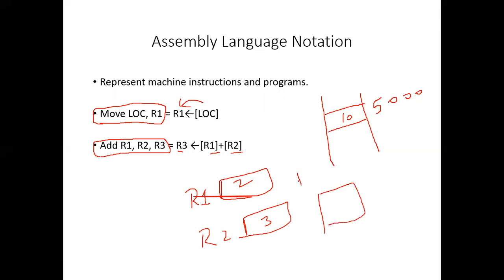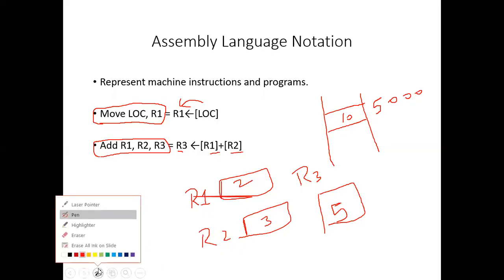The point is, whenever you use registers, R0 to Rn, they do not refer to a memory location. But whenever you use any other symbolic name, they refer to the value at that particular memory location.